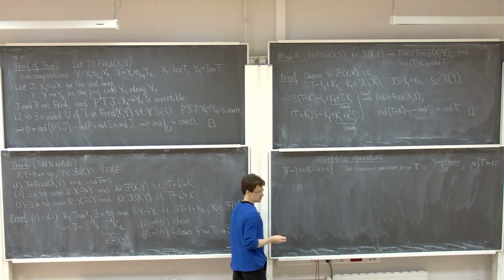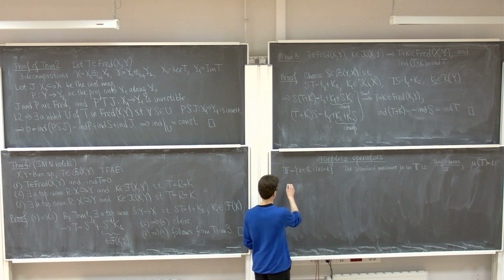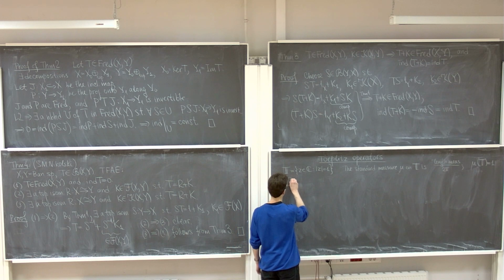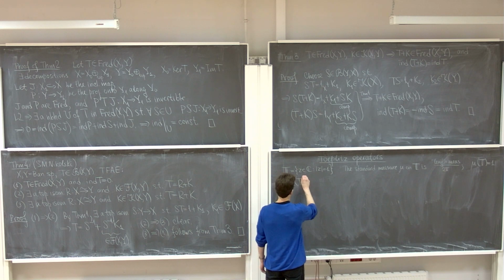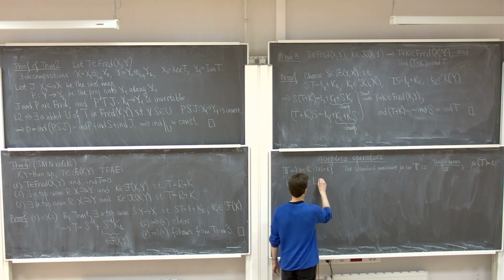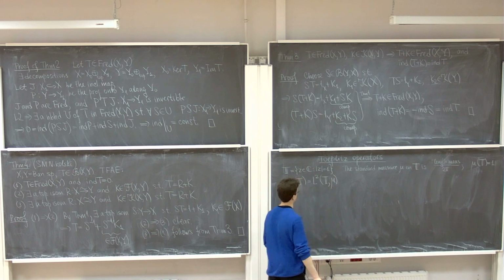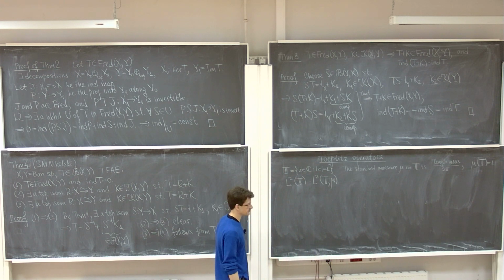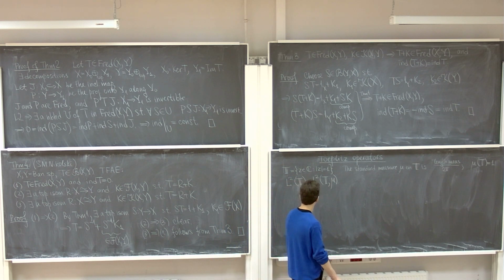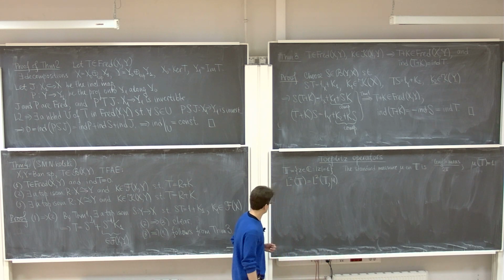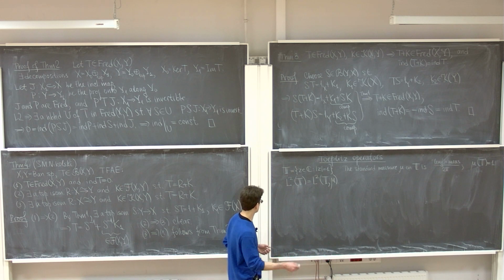So we will be interested in the space L2 of T, the big L2 space. So this is the usual space of square integrable functions on the circle with respect to this standard measure mu. This space has a classical orthonormal basis.